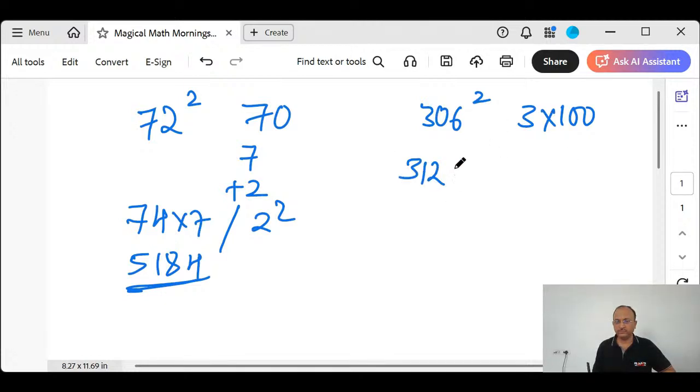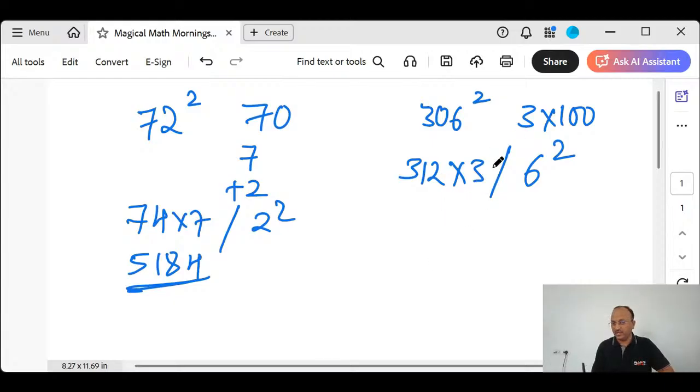Correct? Into 3. And it's very easy. Followed by 6 square. These numbers we can do very fast, correct? Into 3 is also very easy.